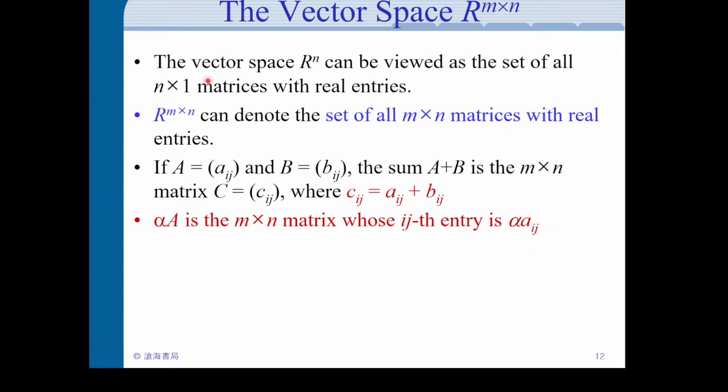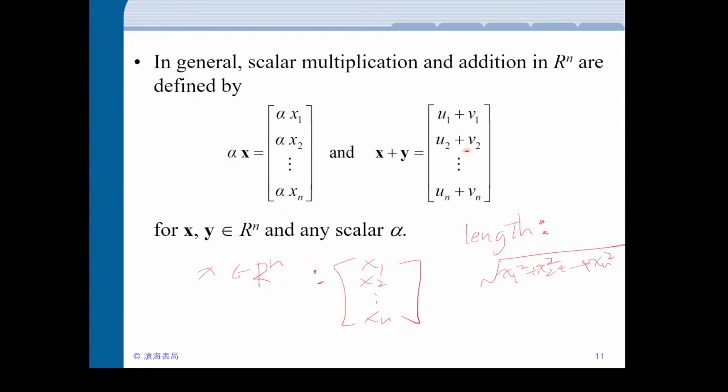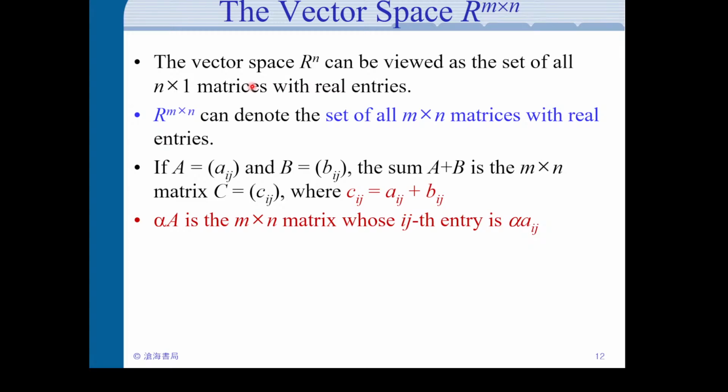So the things inside Rn are those n by 1 matrices. So those vectors, because we just think vectors are n by 1 matrices. Then we think about, can we have a vector space for general n by n matrices? And indeed, we can have a vector space for n by n matrices.